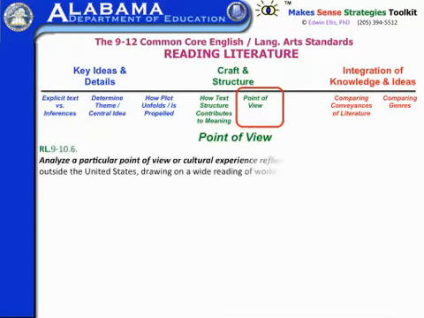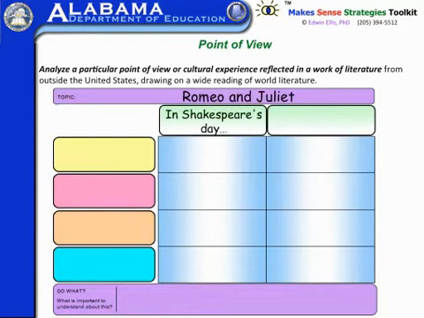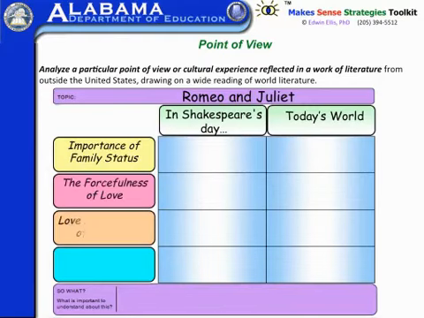In terms of point of view, analyze a particular point of view or cultural experience reflected in a work of literature. We can also use a simple matrix for that, again using Romeo and Juliet as example. What we're going to look at is how people perceive this in Shakespeare's day versus how the same thing is perceived in today's world. And so these are examples of the kinds of things that we might consider in terms of how the point of views change.